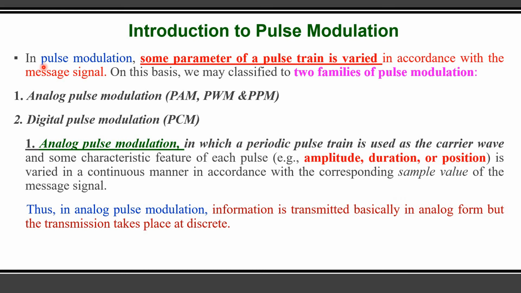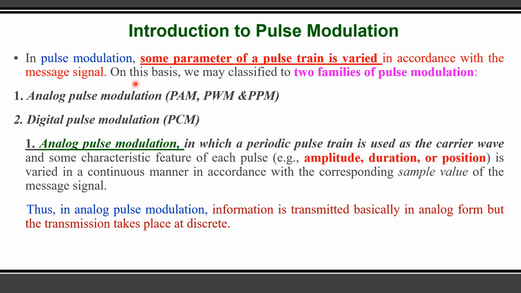So these are the different types of pulse modulation techniques available. What is the main difference between analog and digital pulsed communication? In analog communication, as a carrier we are using a sine wave. In the pulse modulation technique, instead of a sine wave, the pulsed wave acts as the carrier signal.